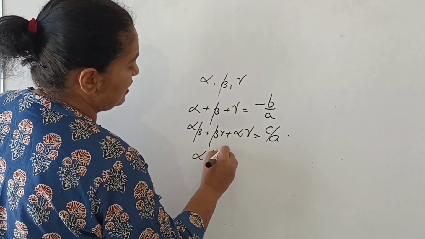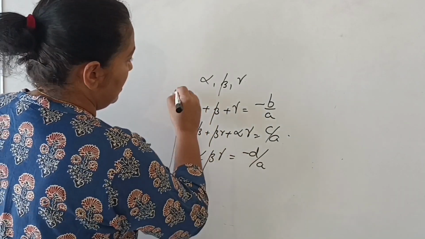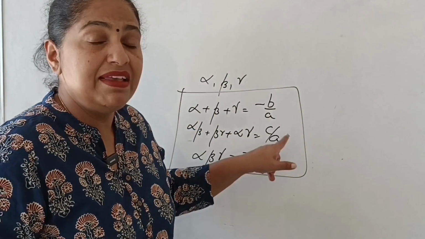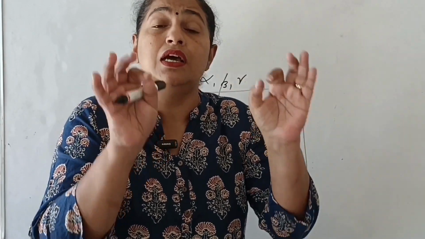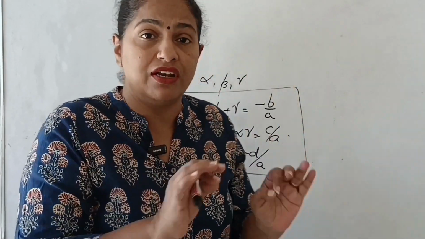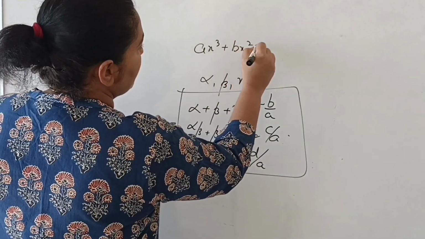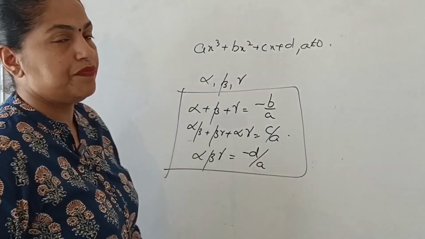And alpha into beta into gamma is equal to minus d by a. Now one thing you need to remember over here is that the a, b, c and d for the cubic polynomial has to be properly taken by comparing it with the general form of the cubic polynomial ax cube plus bx square plus cx plus d, a not equal to 0.